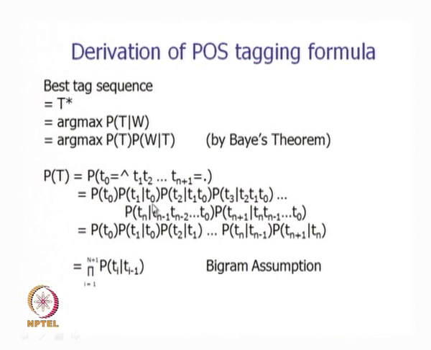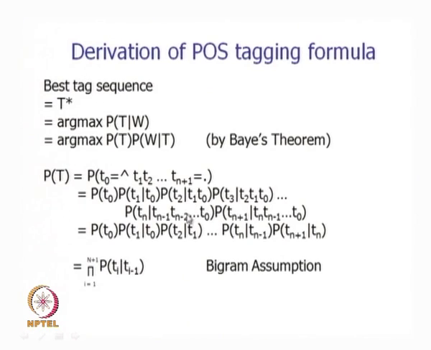What does it say? It says that fine, apply the chain rule, get the sub expressions, the constituent probability values. However, these terms are very complicated to compute. So, P(t_n given t_{n-1}, t_{n-2} up to t_0), we have to deal with n terms here in the conditioning part.